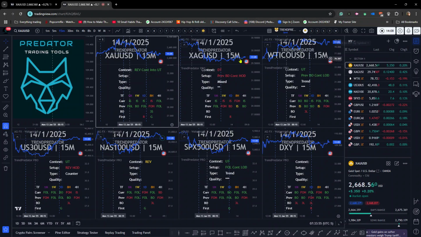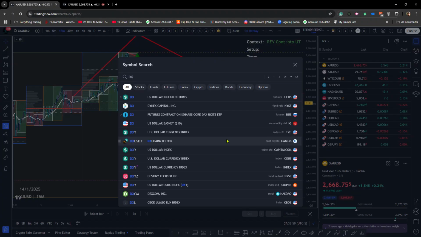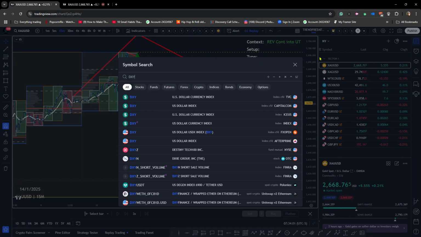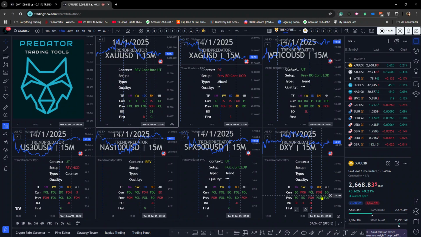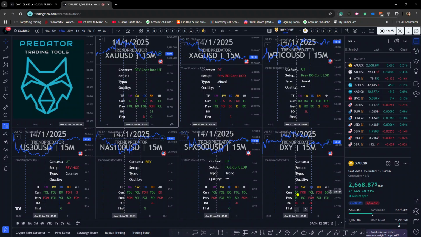And while we're here, we can have a look at the dollar. So the dollar, as you can see here, it's a mixed scenario, so very unclear.